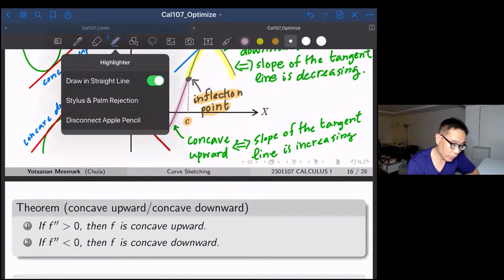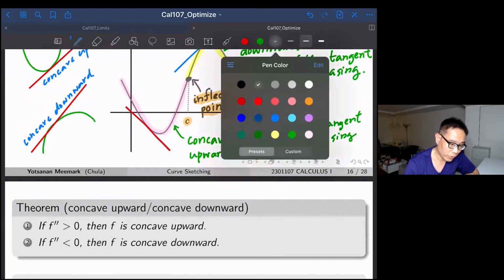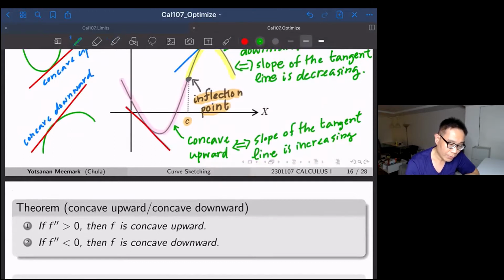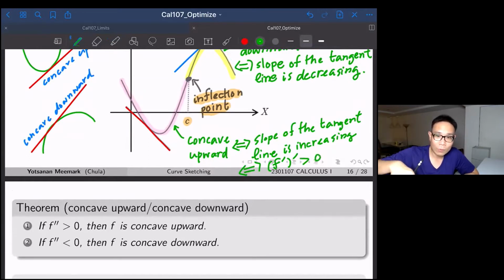The reason this is true is that the slope of the tangent line is increasing. It means that when you differentiate the slope, you differentiate the derivative, and this is going to be positive. What is the slope? The slope is the derivative.